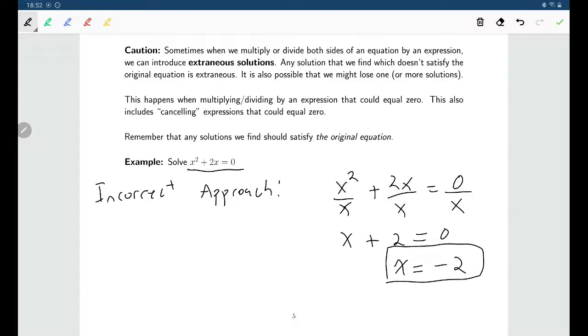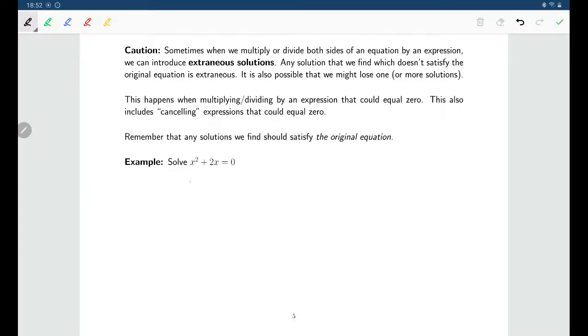Now, the reason why I'm saying that this is an incorrect approach, or one that's got a problem in it, is because when we did our dividing, we were dividing by something that potentially could have been equal to 0. If it turns out that x equals 0 is a solution, then by dividing by x, we have lost that solution. And I'll show you actually that 0 is a solution for this equation.